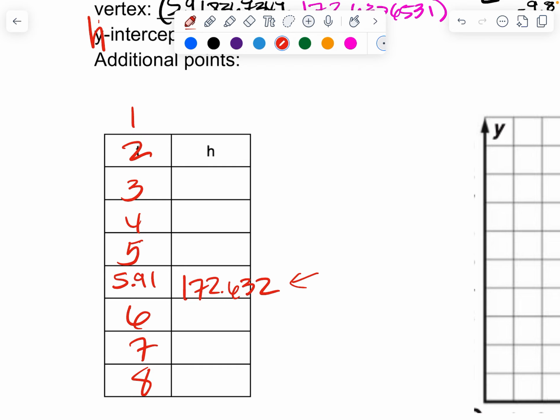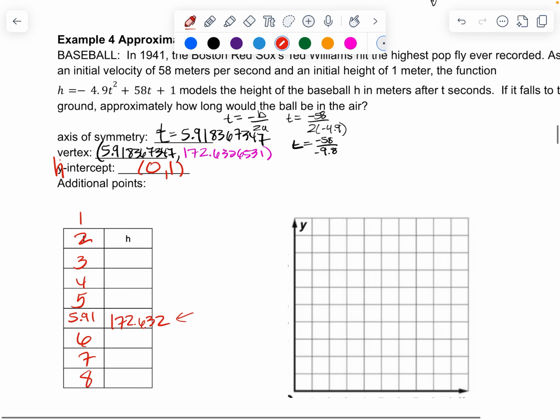So I'm just going to plug it into my calculator. So -4.9 times 1 squared plus 58 times 1 plus 1. And that's going to get me 54.1. And then I'm going to plug in 2. And if you have the kind of calculator I have, all you have to do is go up and edit what you just did, and you will get 97.4.